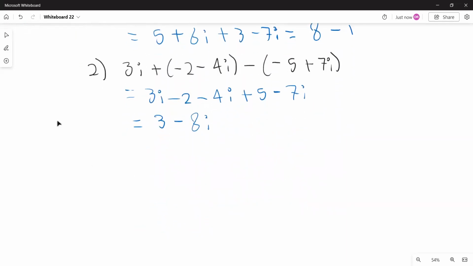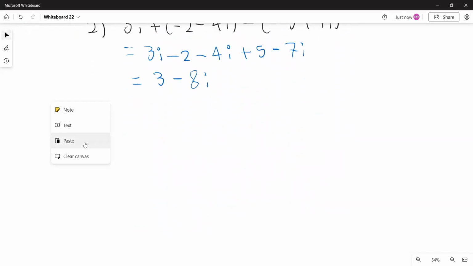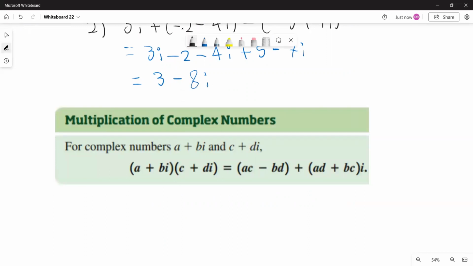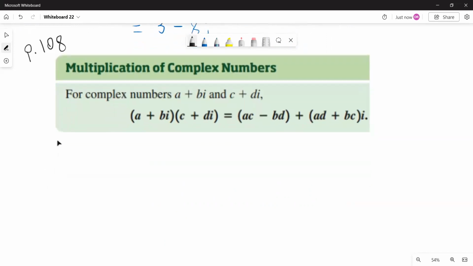So this is still on page 108. Okay, so they give you this formula, but you're not going to memorize that. All you do is basic algebra, you just FOIL.